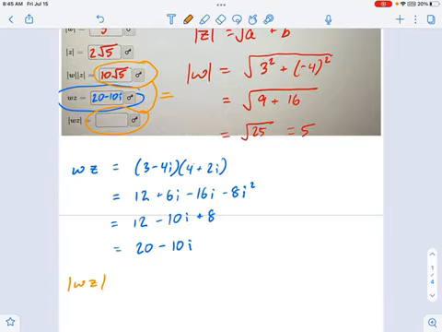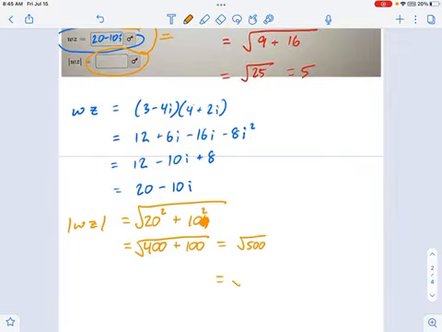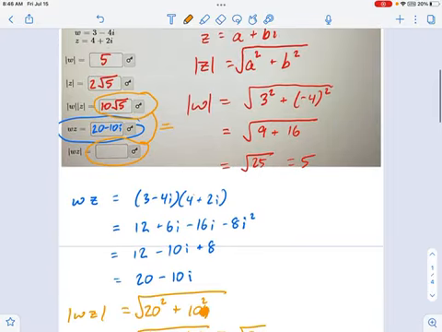The magnitude of w times z equals the square root of 20 squared plus 10 squared, which is equal to 400 plus 100. Sorry, I keep forgetting that square root. So that's the square root of 500. Well, what's the square root of 500? Remember what 500 is. 500 is 100 times 5. So this becomes 10 radical 5. Where have we seen this before? We just did this a little earlier. Right? You can see that the modulus of w times the modulus of z is equal to the modulus of wz.